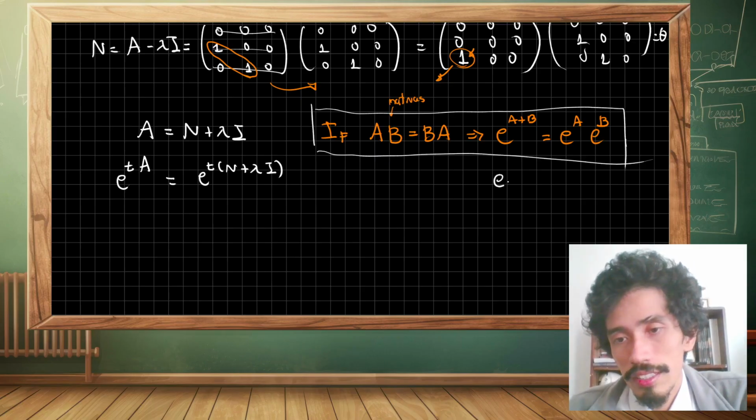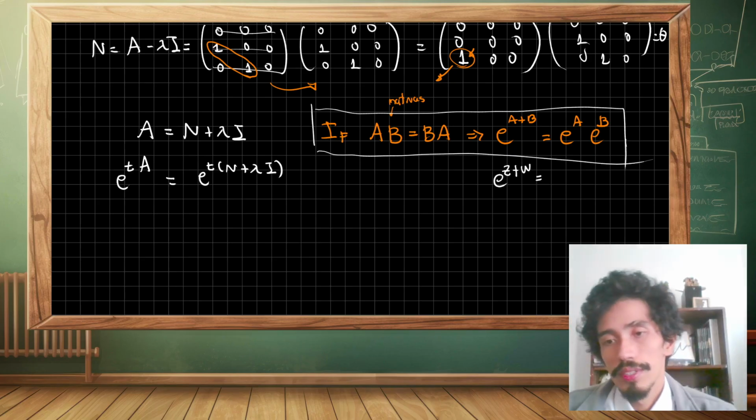You know that the exponential of zeta plus w, where these are complex numbers, is equal to the exponential of zeta and the exponential of w.